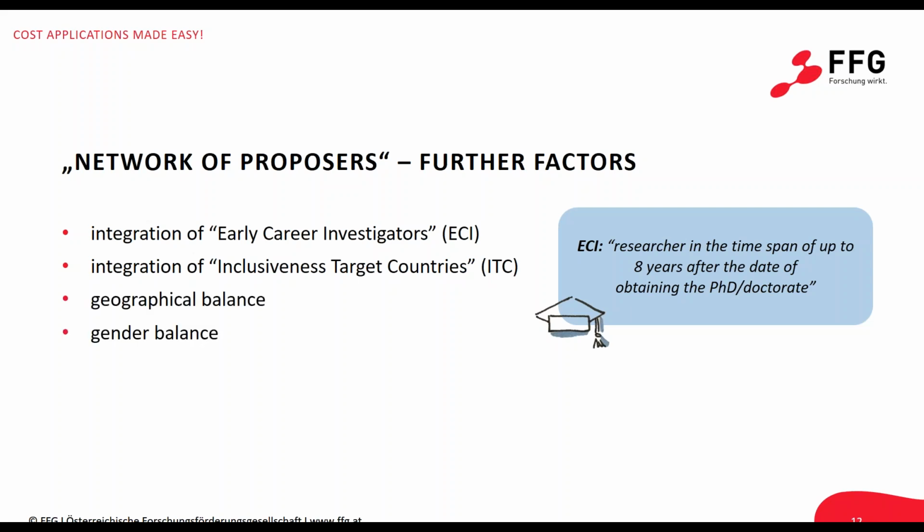And then there are also further factors, geographical balance and gender balance, which are not as important as the integration of ECIs and ITCs, particularly because the ITCs are really eligibility criteria. But sometimes it's really about this half point that really makes a difference.